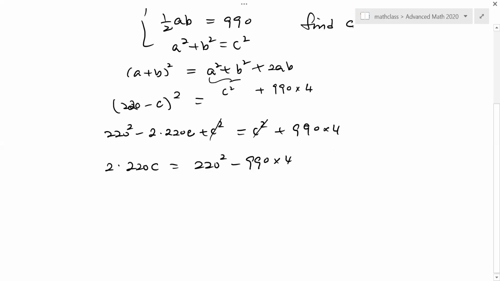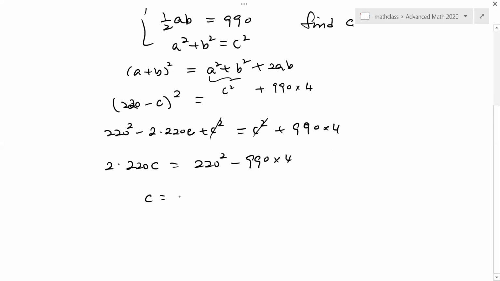Then I divide both sides by 2 times 220. What I'm trying to do is find an easy way to simplify it.